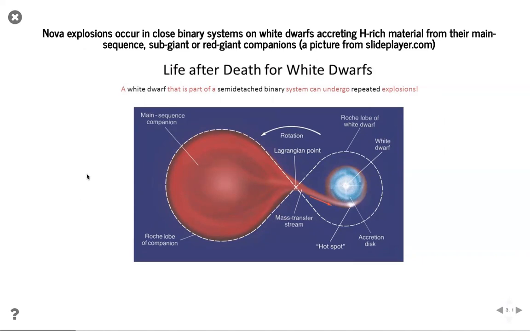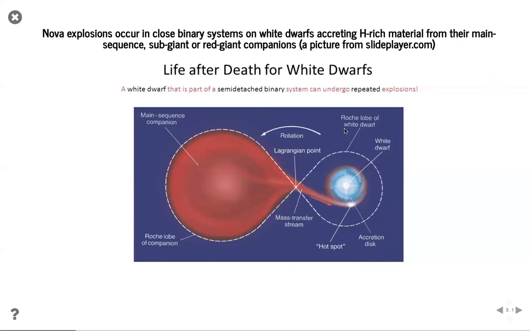So the title of the slide says that nova explosions occur in closed binary systems on white dwarfs accreting hydrogen-rich material from their main sequence, subgiant or red giant companions.